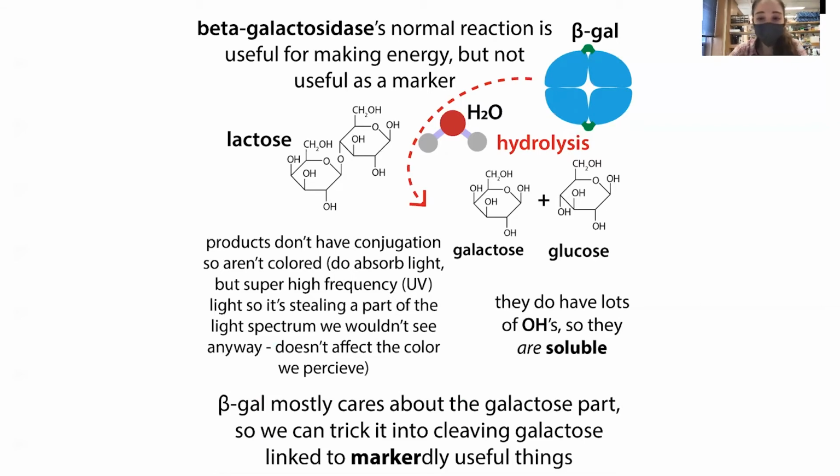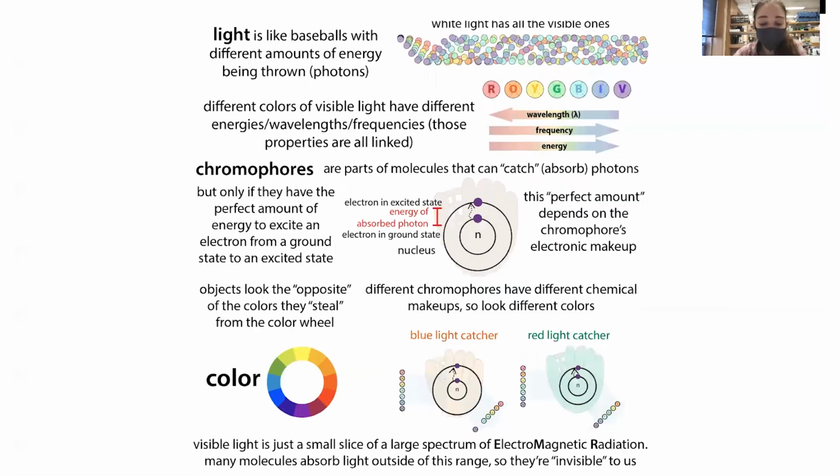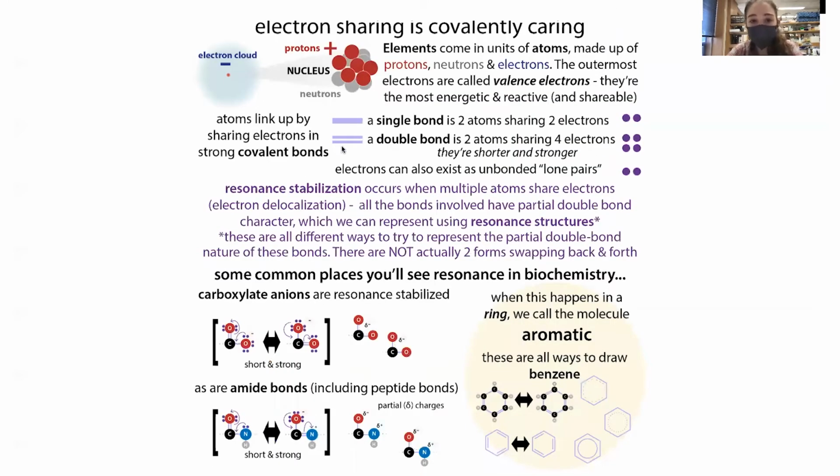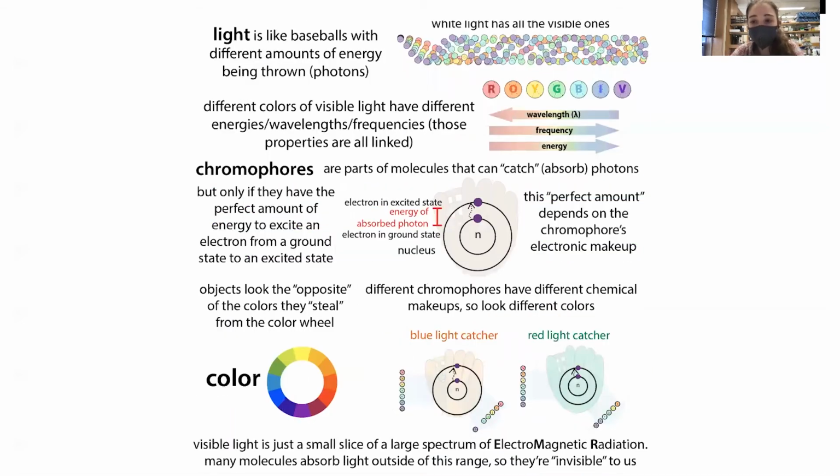And if you're curious about why the whole conjugation thing matters, basically light is made up of little pockets of energy called photons. Atoms are joined up by sharing pairs of electrons. Much more on this in other posts, but basically these electrons can get excited to a higher energy level if they catch a photon of a wavelength that they really like.